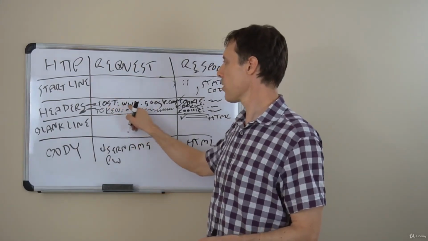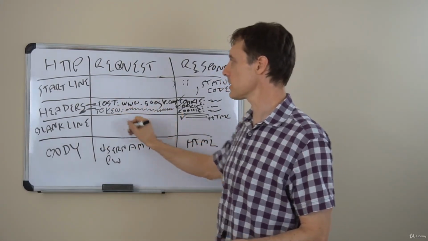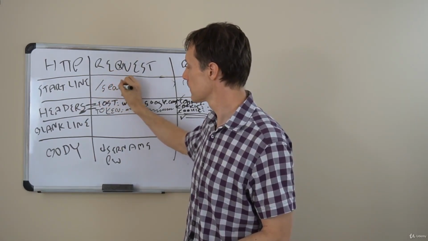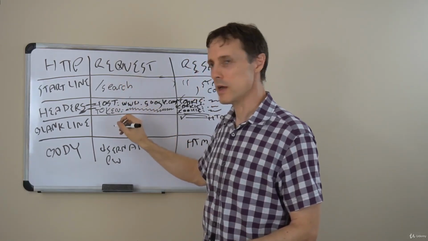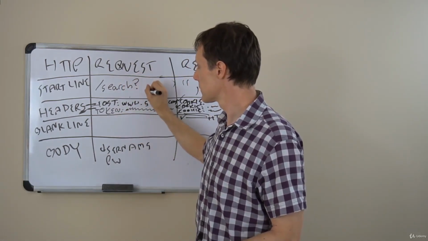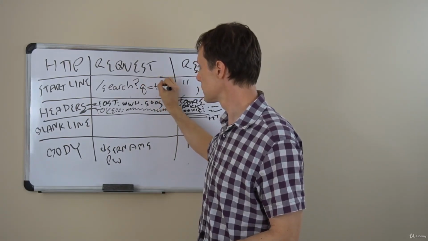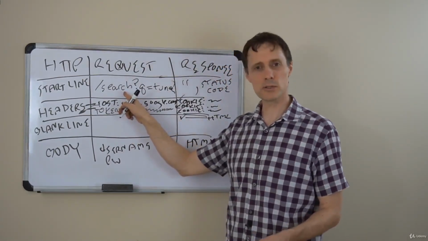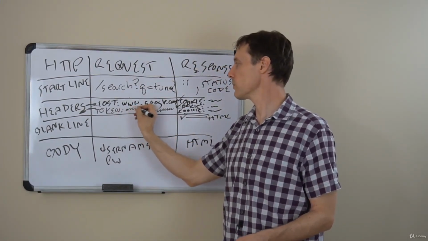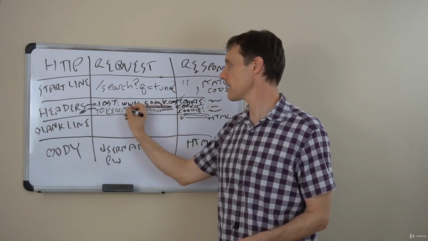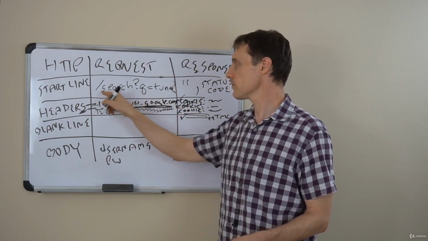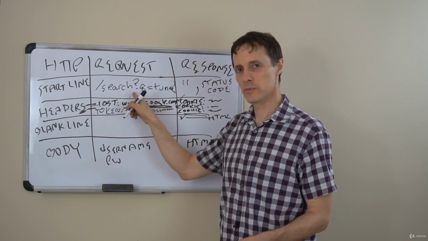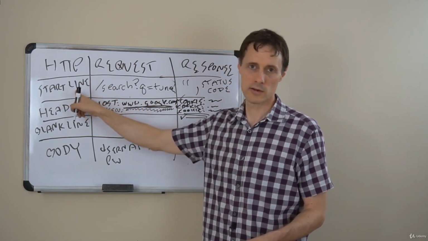So here we have our host, www.google.com, and then we have our folder, which is search, right? And then we have a parameter, q equals tuna. So it's a little strange, but the host, the domain, is located as a header. And the folder within that host, as well as parameters, are in the start line.